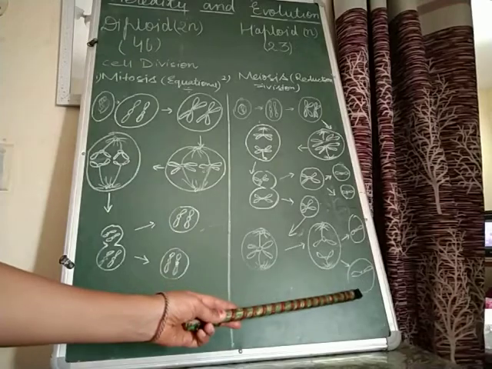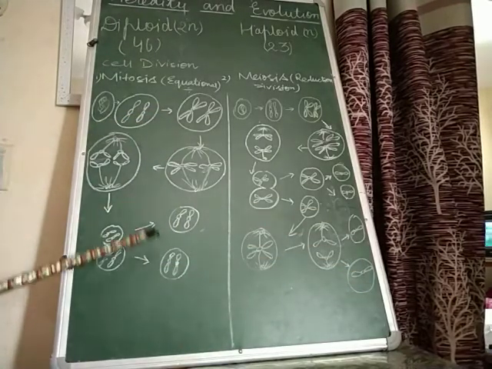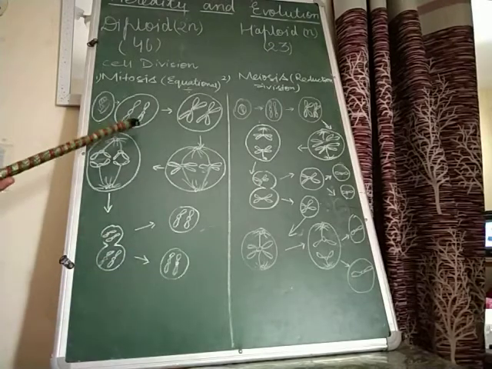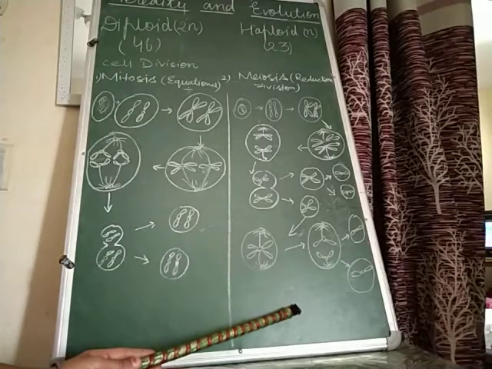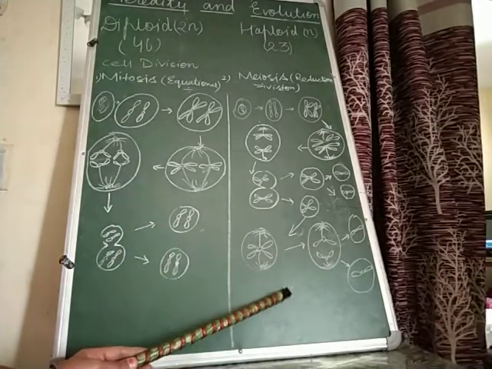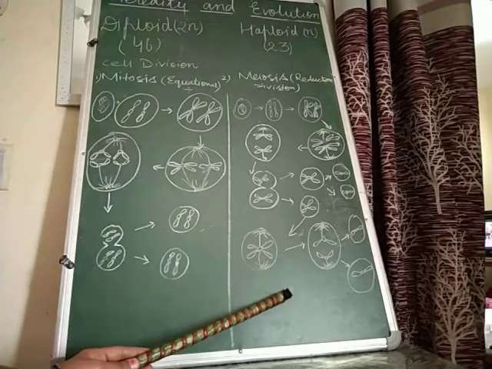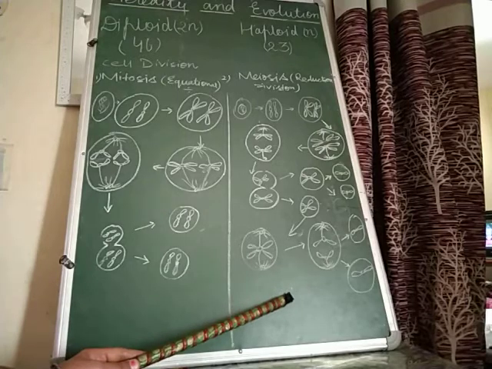Here we get only half the number of chromosomes, and in case of mitosis we get the equal number of chromosomes as we were having in the beginning. This type of cell division takes place in the testes and ovaries. In testes there is formation of sperms, and in ovary there is formation of the egg or ova.